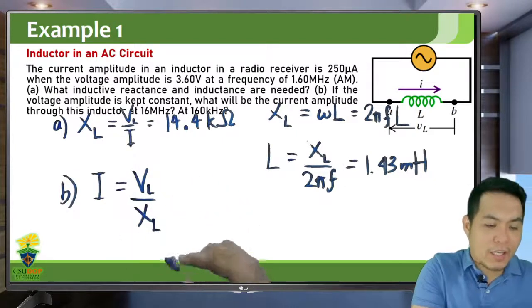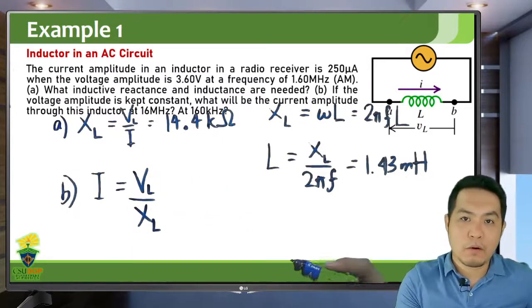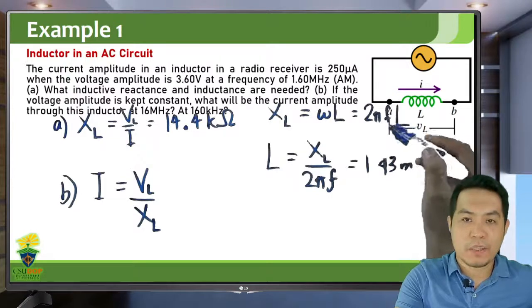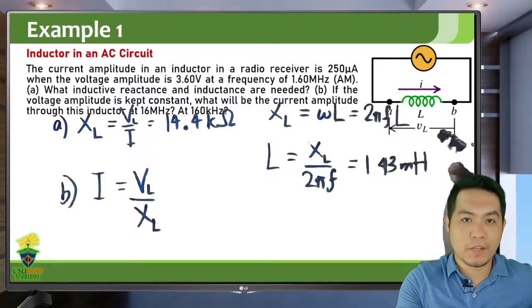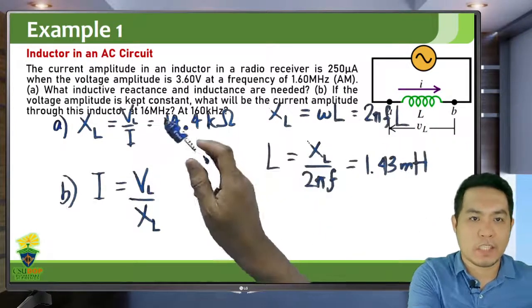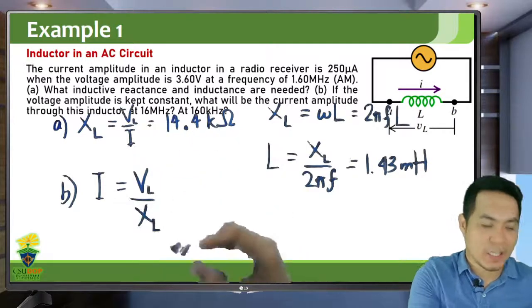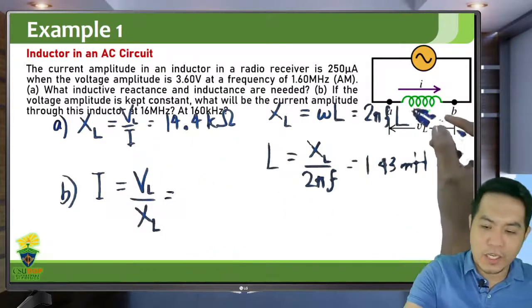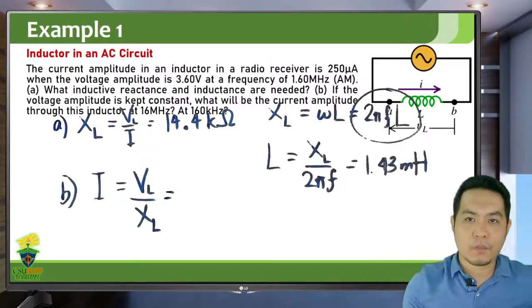But our XL will now vary because the frequency is different. We have two frequencies, 16 megahertz and 160 kilohertz. So we need to use this formula for XL, 2 pi f times L.